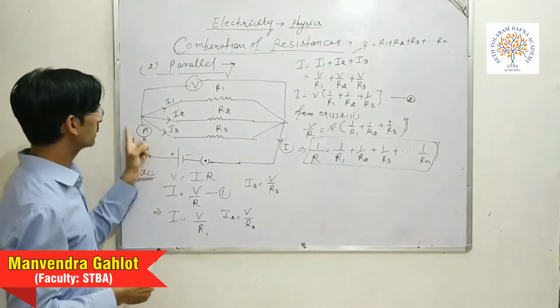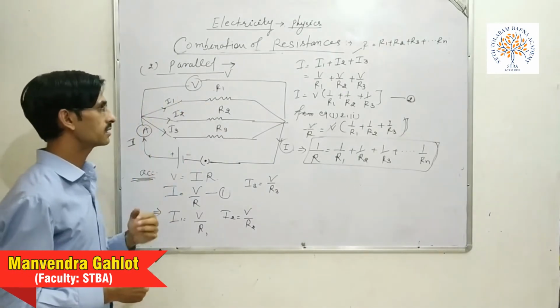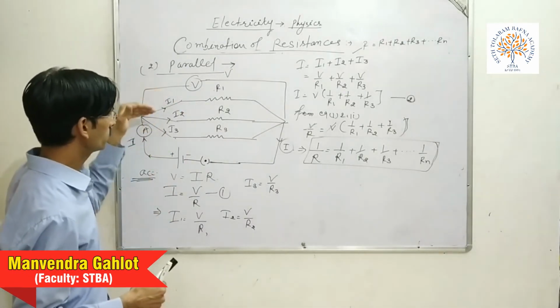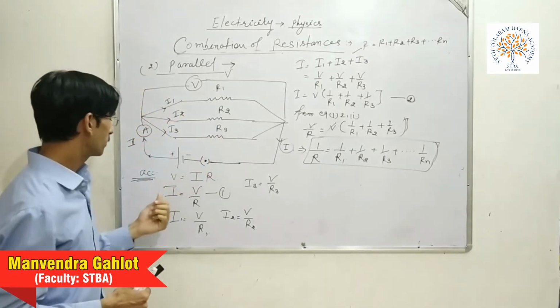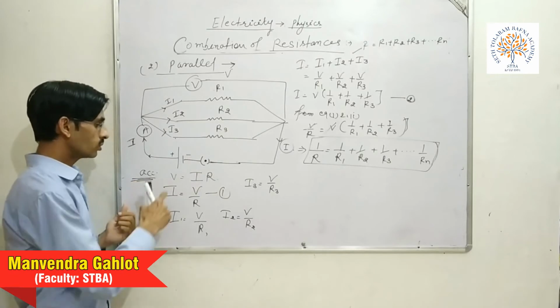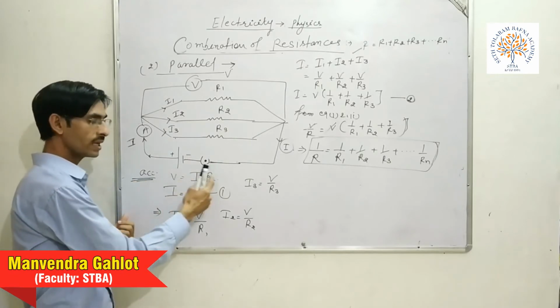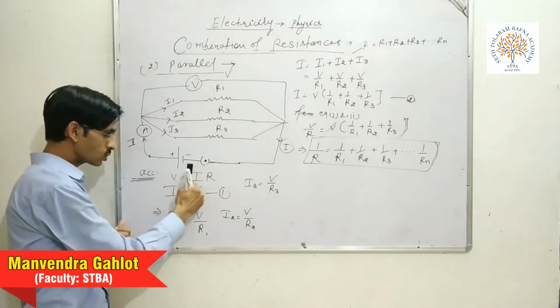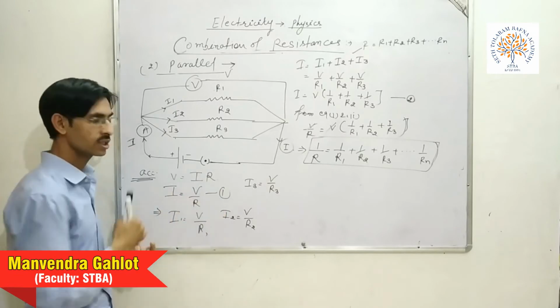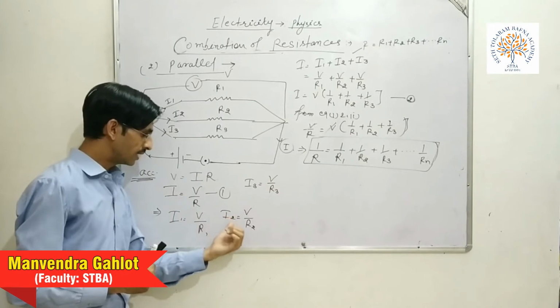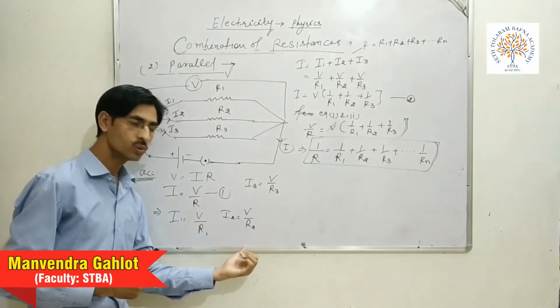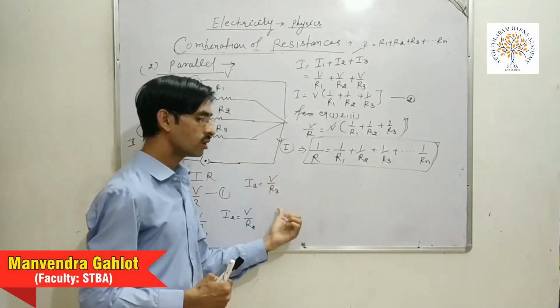When current I passes through three resistors, it divides into I1, I2, I3, and according to Ohm's law, we know that V equals IR. So I equals V upon R. This is equation number 1. I1 equals V upon R1, I2 equals V upon R2, and I3 equals V upon R3.